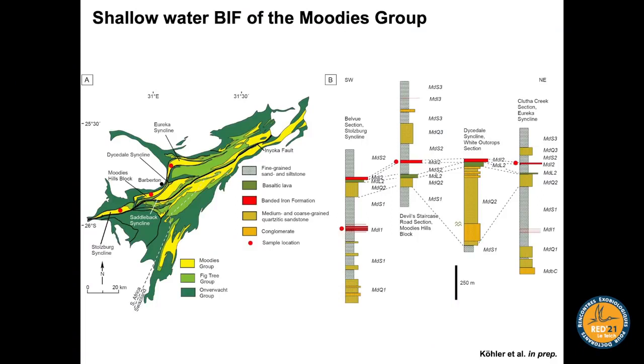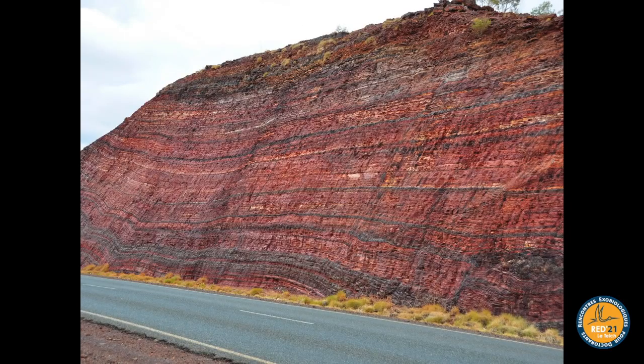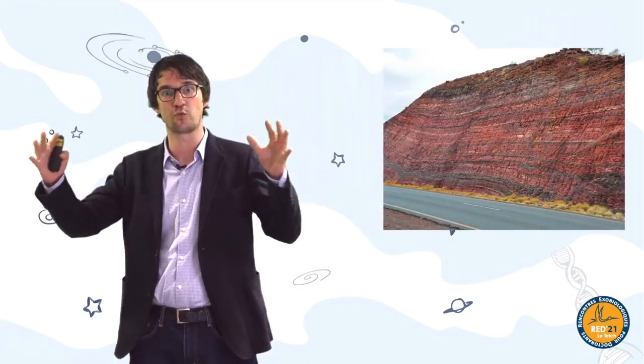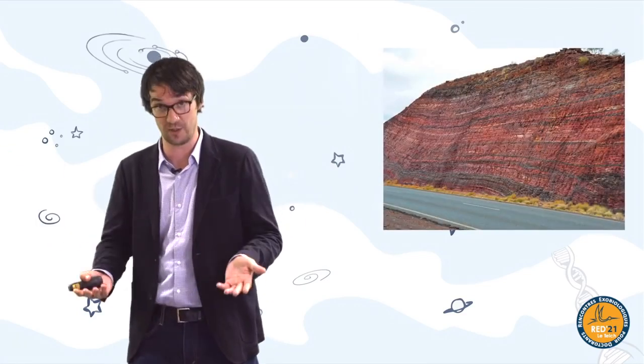However, luckily, in the Moodies group, we have several very shallow banded iron formations. Banded iron formations are chemical iron-rich sediments that are really good tracers of their chemical environment. They precipitate directly from seawater, and they capture chemical signatures of that water when they precipitate.